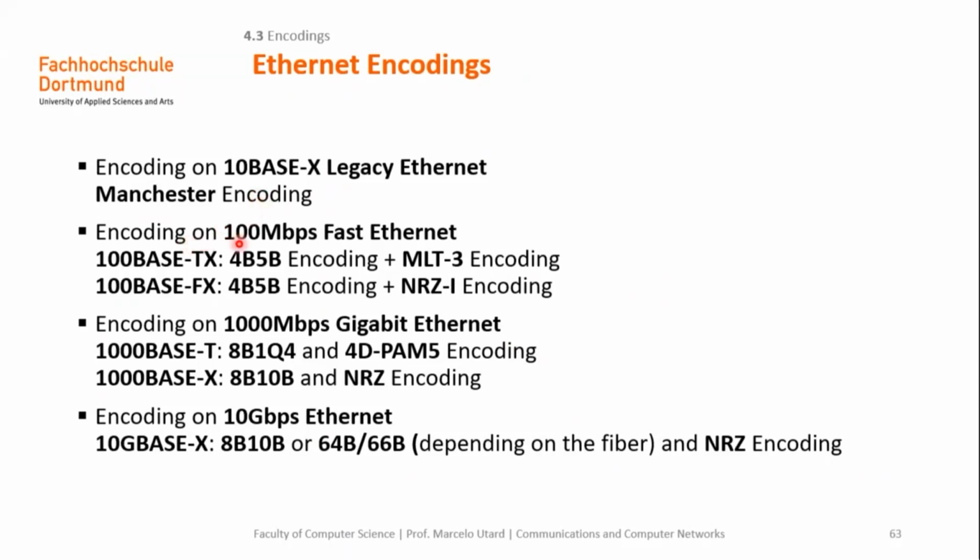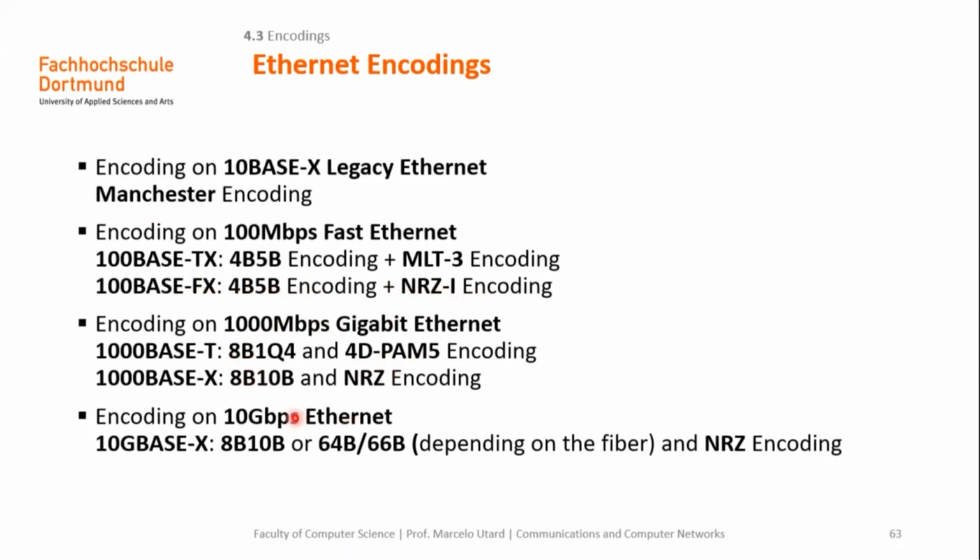Or for instance, the encoding used in 100 megabit Fast Ethernet, 4B/5B with MLT-3 encoding in the case of 100BASE-TX. In the case of 100BASE-FX, the use of 4B/5B encoding using NRZ-I encoding.